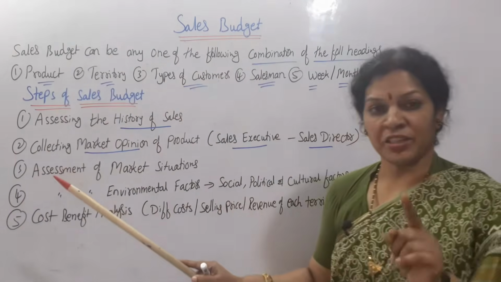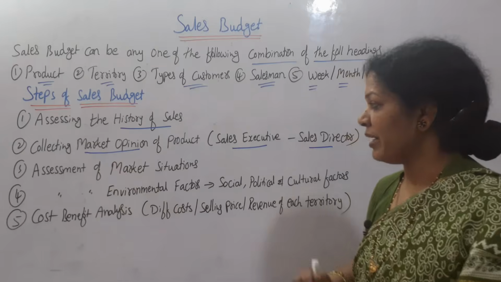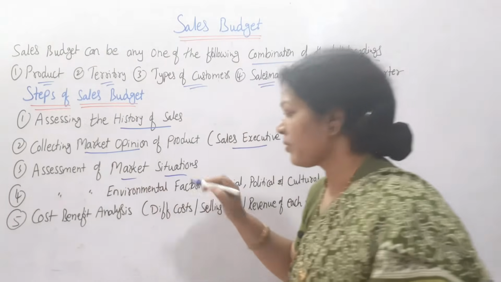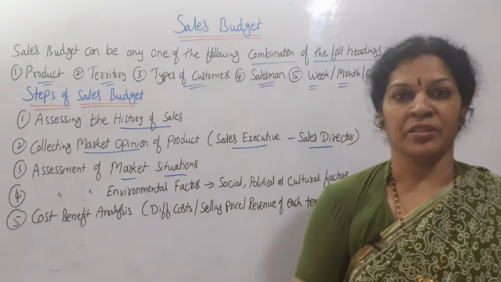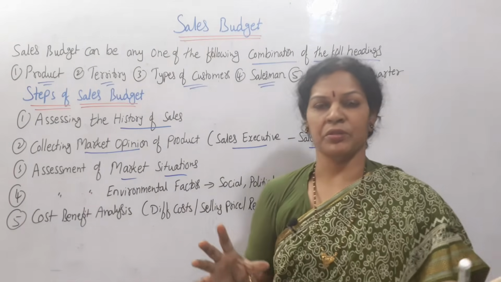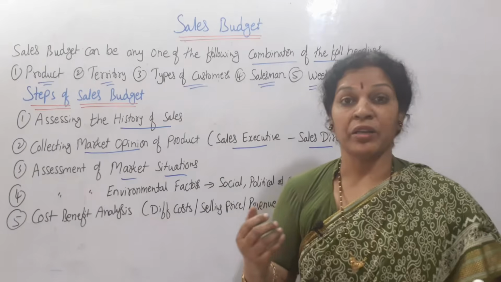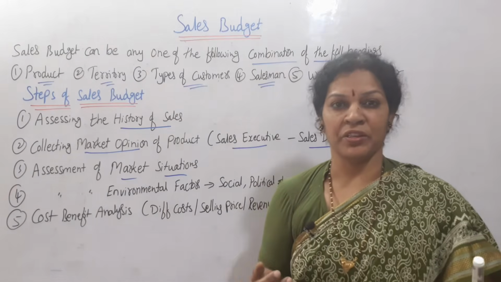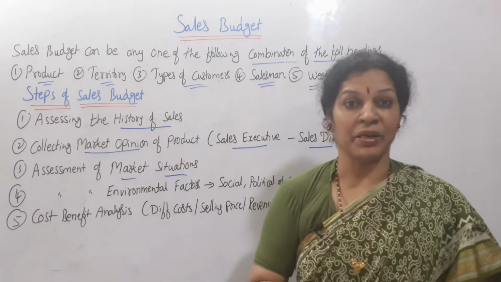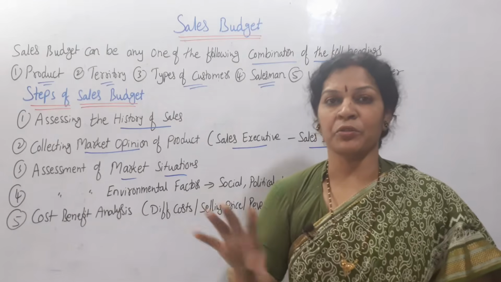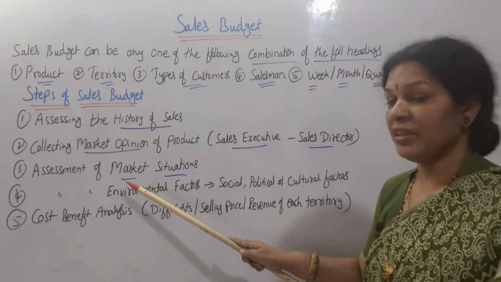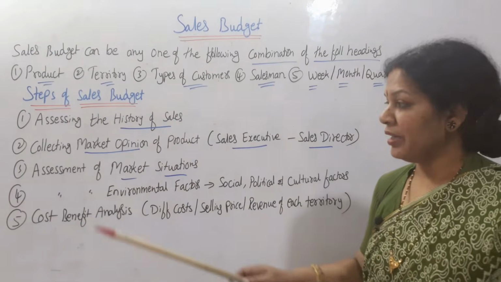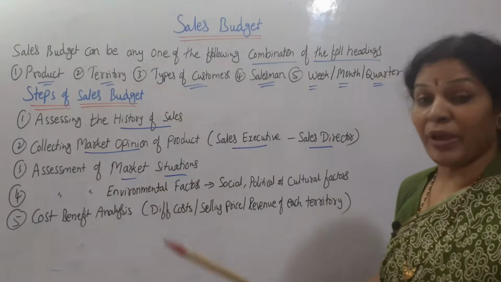The third step is assessment of market situations. We need to consider market situations, sometimes ups and downs, new strategies, economy, inflation, deflation, and budget preparation. Everything makes a difference to our sales. The next thing is assessment of environmental factors.